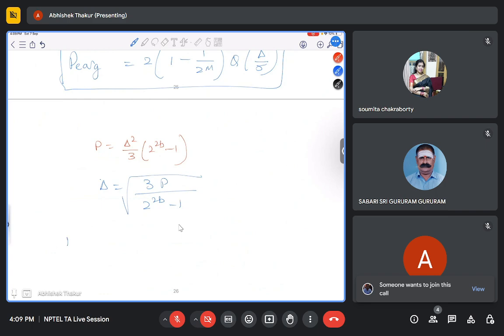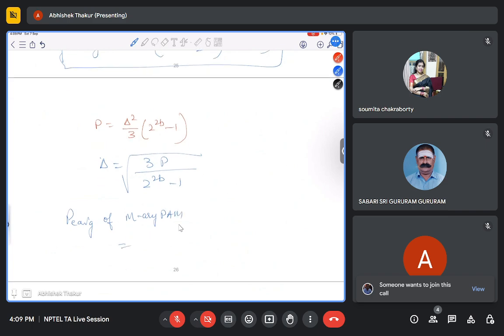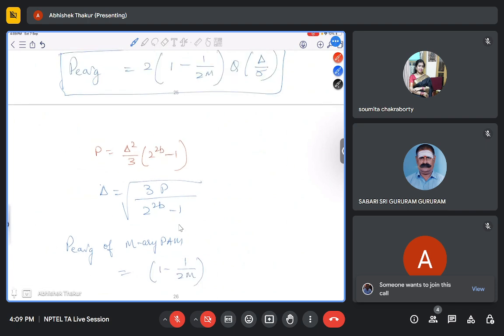So the final average error probability of the M-array PAM symbol is equal to 2 into (1 minus 1 by 2m) times the Q function of the square root of 3P by (2 to the power of 2b minus 1) sigma square.